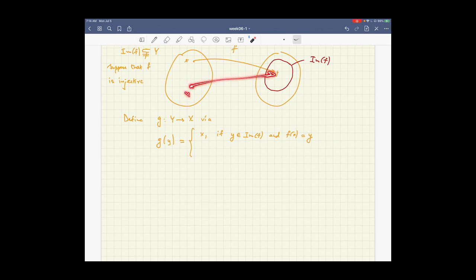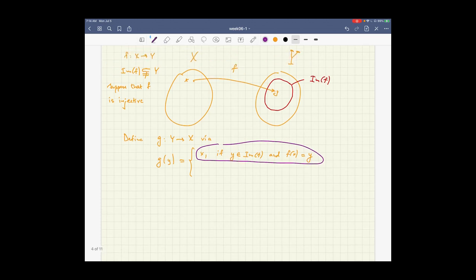If there was, say, x1 with the property that f at x1 also equals y, it would violate the assumption that f is injective. So there is one and only one x in x with this property.